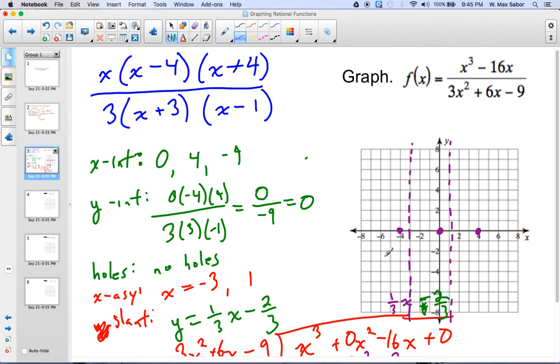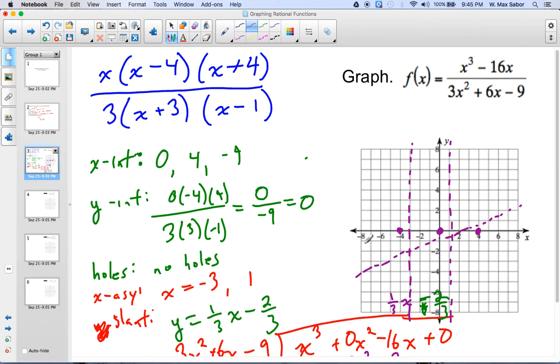And then our slant asymptote is y equals 1/3 x minus 2/3, so from here, up 1, right 3, up 1, right 3. This is approximately what the graph is going to look like.